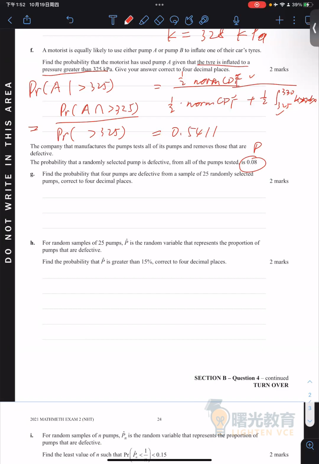Find the probability that 4 pumps are defective from a sample of 25 randomly selected pumps, correct to 4 decimal places. What type of distribution for this one? We had discrete and finite numbers of the sample numbers, and each sample only has 2 outcomes. Either be defective or not defective. It's binomial distribution. So it follows the n number of trials, 25, and the defective probability, which is a success, 0.08 here.